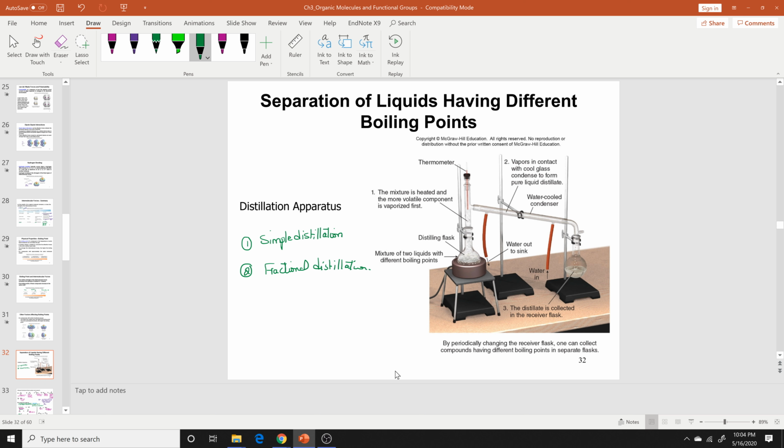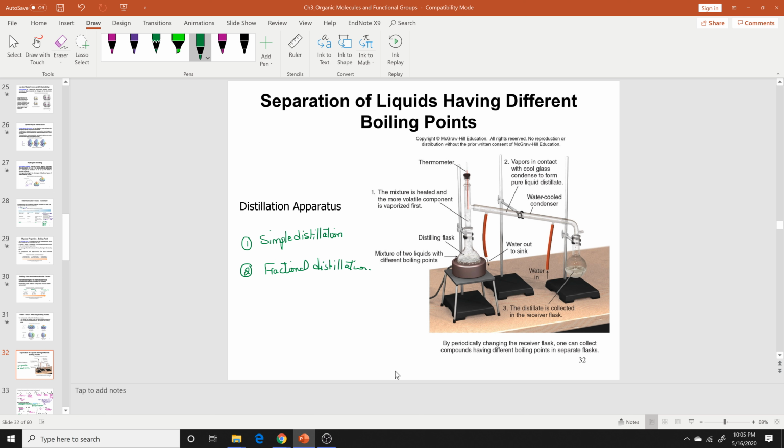In simple distillation, you have your round bottom flask, you put your liquids in it, and then you heat the liquids up. Same thing as the fractional distillation. When the liquid boils, the first component, which normally boils at a lower temperature, is going to start turning into vapor, and it's going to pass through a condenser.